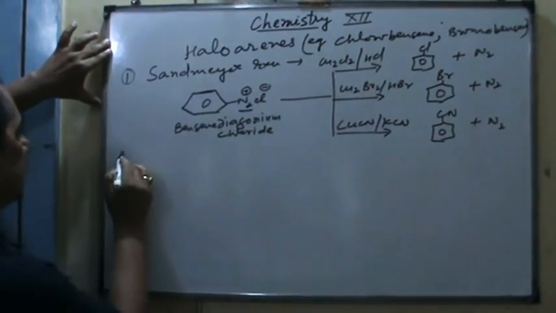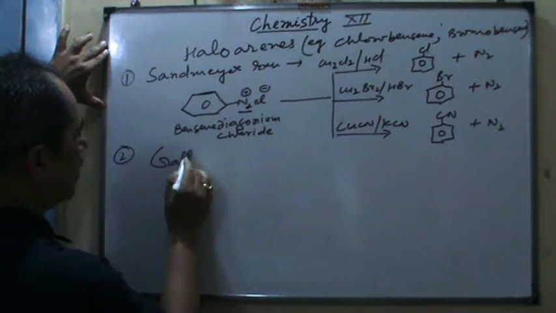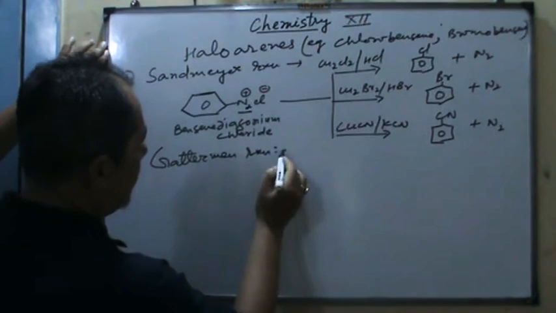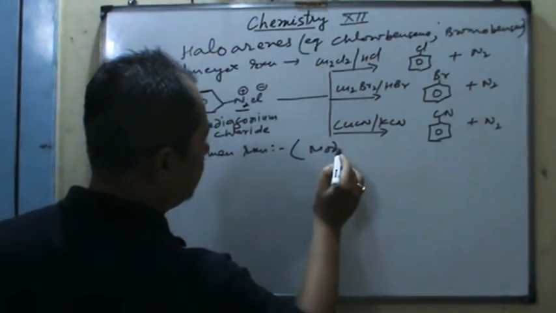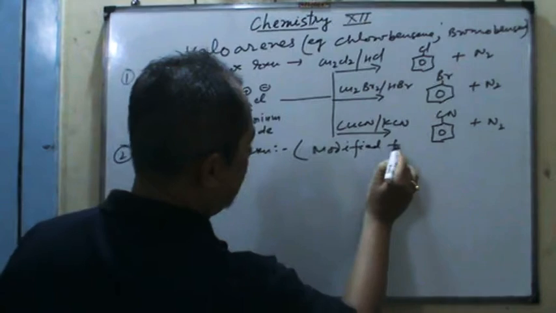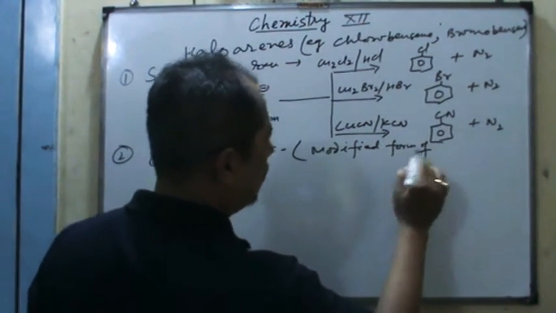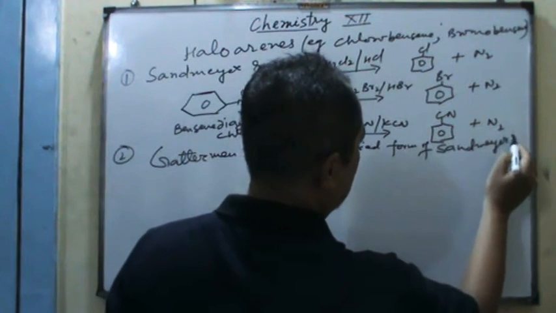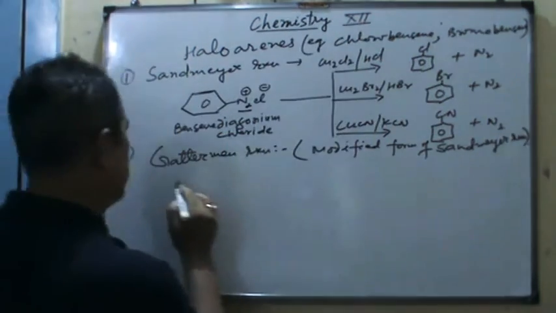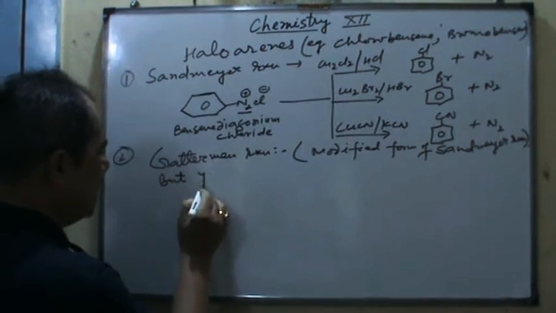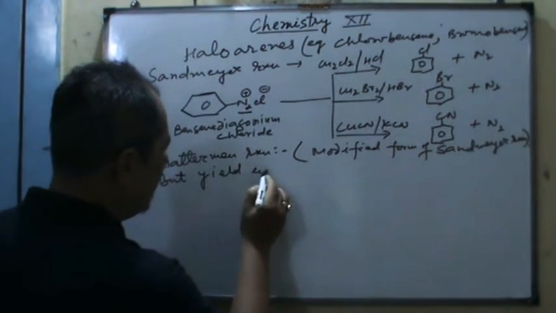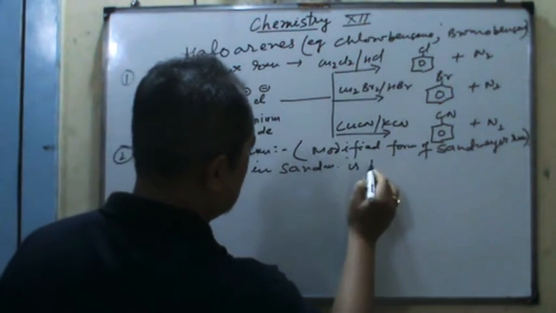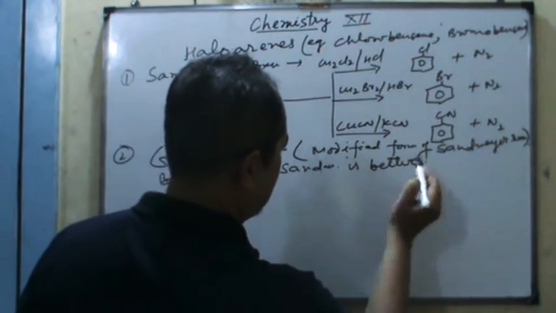To improve this method, it was Gattermann. So it is known as Gattermann reaction. It is the modified form of Sandmeyer reaction, but yield in Sandmeyer is better.